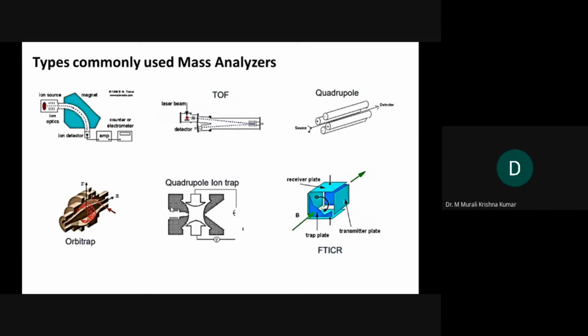There are also the orbitrap, the quadrupole ion trap, and FTICR. In each one of them, we will see their basic principle and how it is useful to us, and if any modifications are there, we will see that also. Let's go ahead with mass spectral analyzers.